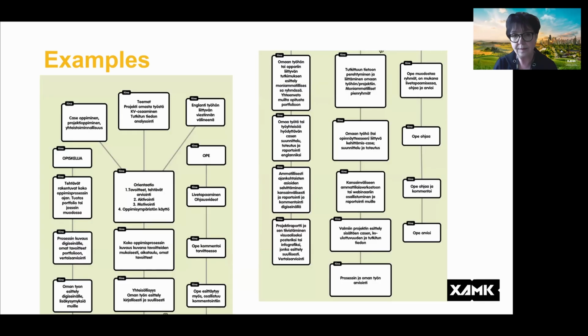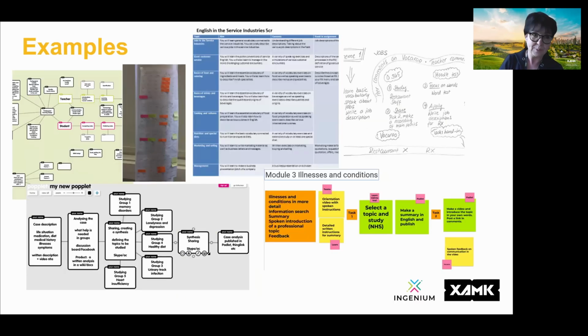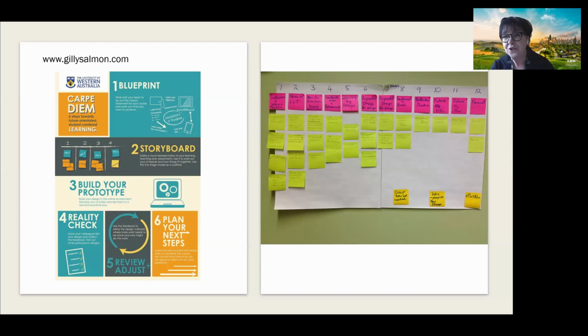The second one has a flow chart structure. And on this page, different formats. I also use different kinds of technologies and different ways of creating the manuscript, I think almost every time. These pictures are actually from the Carpe Diem design method by Gilly Salmon.